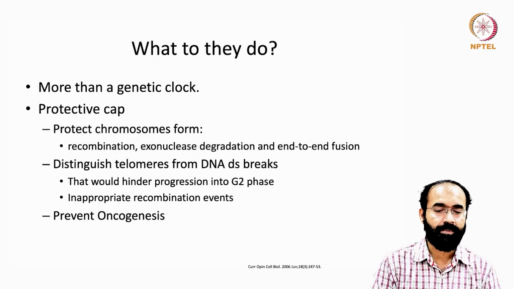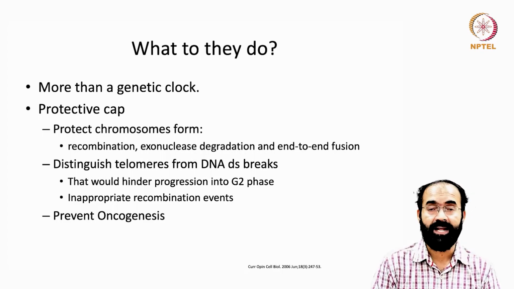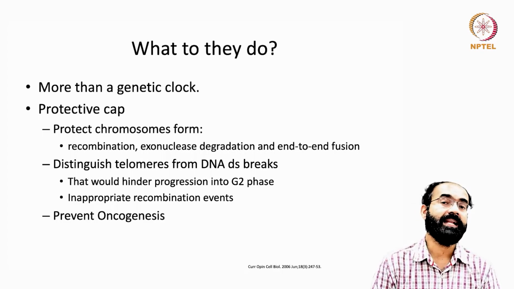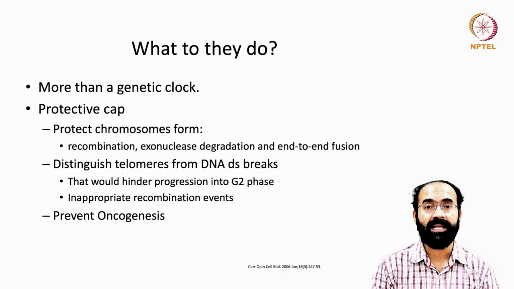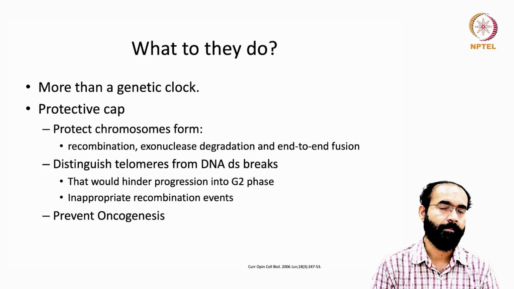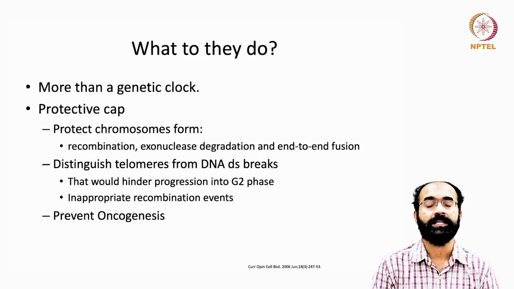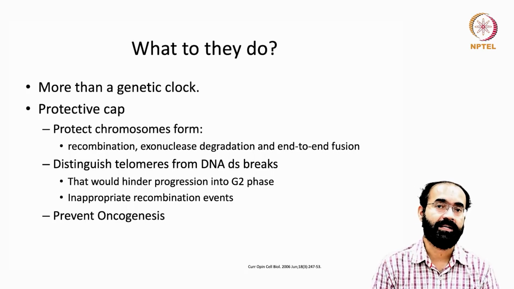So it can help in distinguishing telomeres from DNA double strand breaks. If there is a DNA end that is lacking the telomere, that is an indicator of broken chromosome or broken DNA. Otherwise, a DNA end will always have a telomeric repeat.